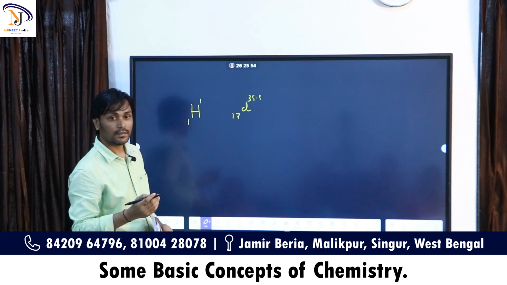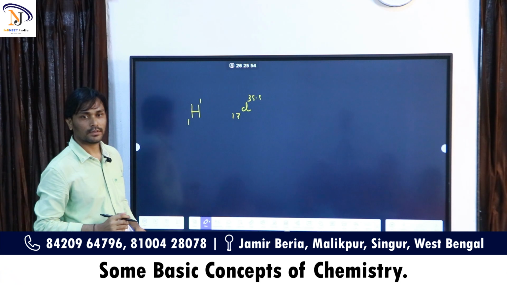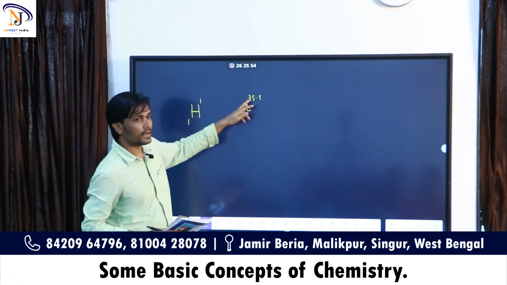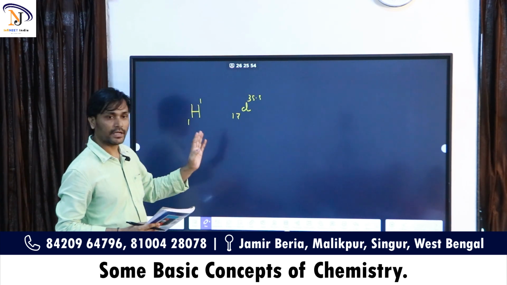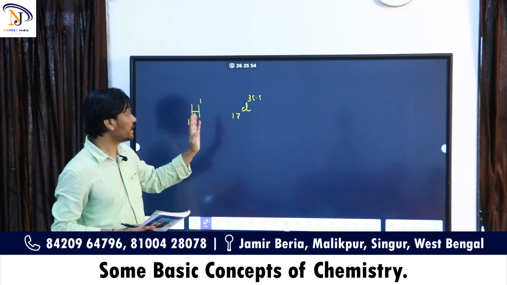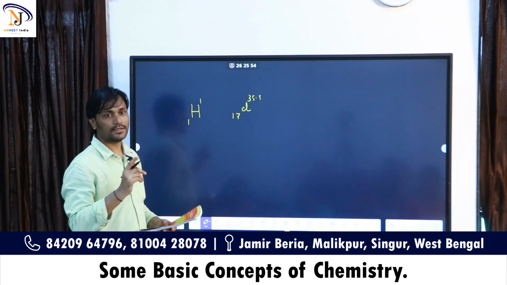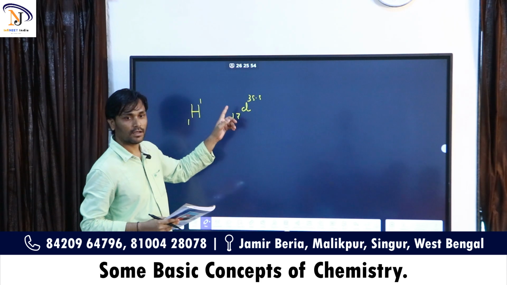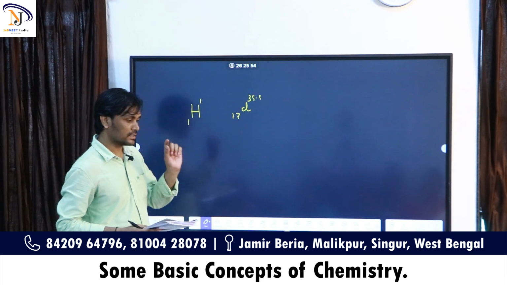But when the question is what is the mass number of chlorine, then we cannot write 35.5. Instead of 35.5, we have to write 35 only. Here is the difference between atomic mass and mass number. They are different.